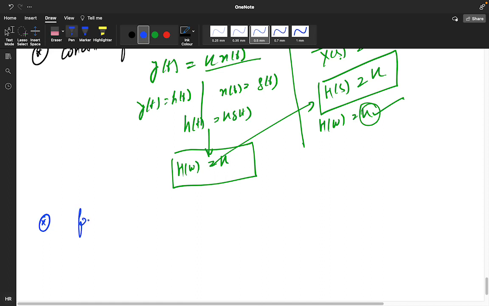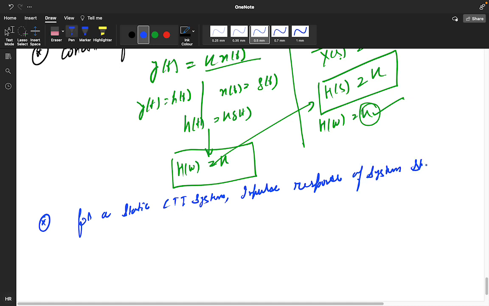Okay, for a static LTI system, the impulse response of the system should be an impulse at origin.